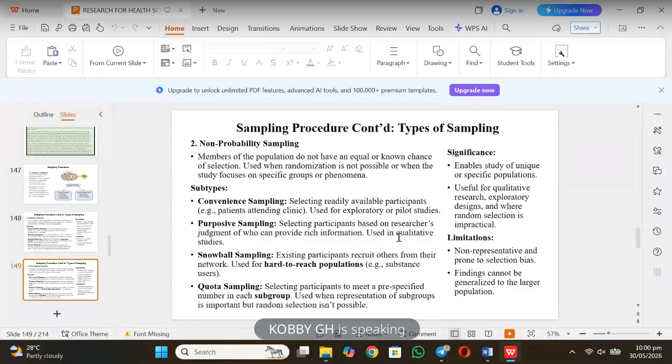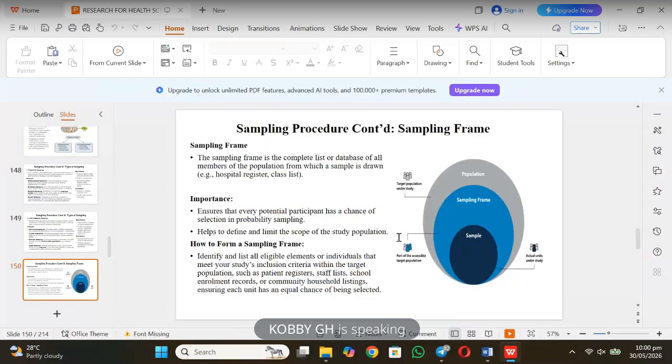If snowballing is in a scenario form, I don't know how you should miss it. Is that quota sampling? Unless you never heard of research at all. So some of these things should be bonus. Some of these questions, you see them, you move forward. Is that okay? Good. So expect questions on the sampling procedures.